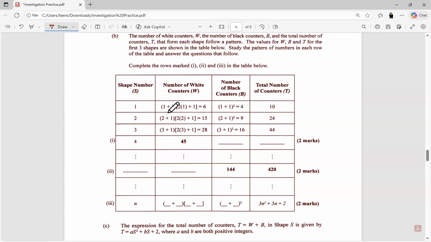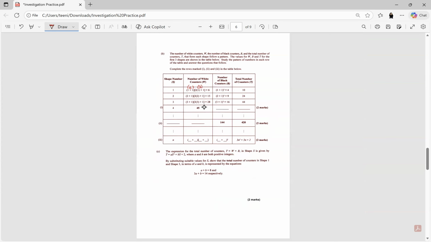So the shape number plus 1, and then 2 times the shape number plus 1. So this would be 2 plus 1, which is 3. Remember BODMAS, right? BODMAS is where you work out brackets first. So this would be 2 times, and brackets means multiplication. So this will be 2 times 1 is 2 plus 1 is 3. So 2 times 3 is 6. Let me just make this a little bigger.